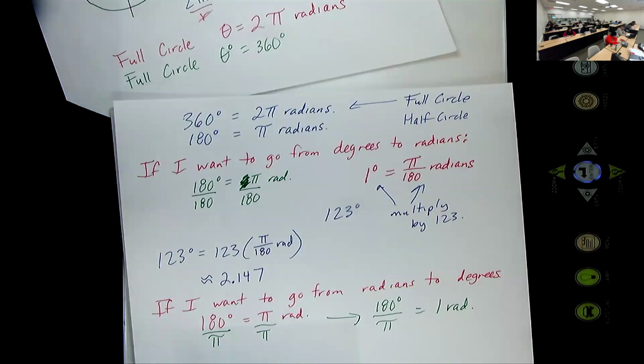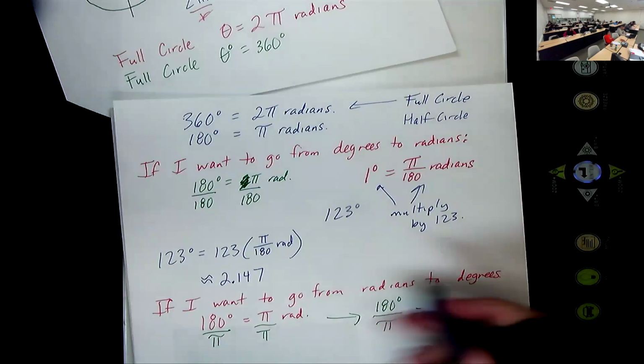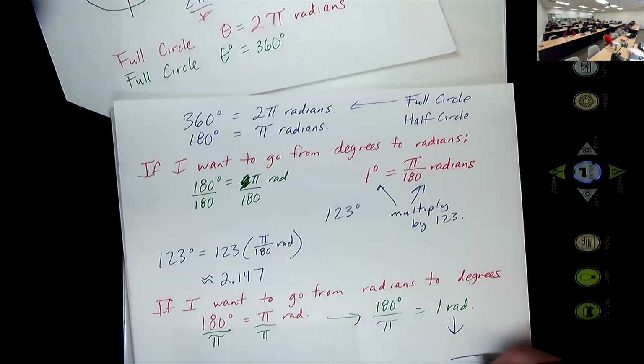One radian, this is the question we asked earlier. 1 radian was when the arc length equaled r.